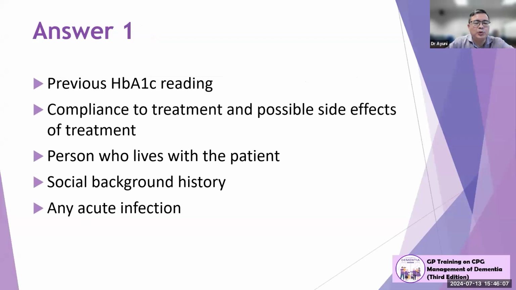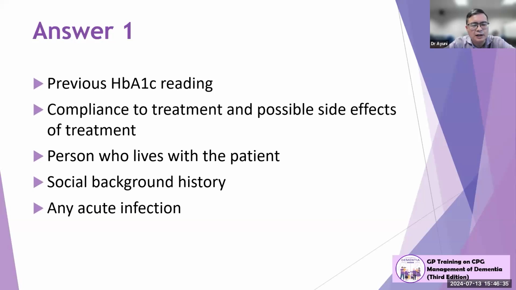So what we need to do is look at the previous HbA1c reading. Then we have to see whether the patient has been compliant to the treatment and try to find out whatever possible side effects of the treatment, because the patient is on multiple medications, polypharmacy, very easily they have these side effects.